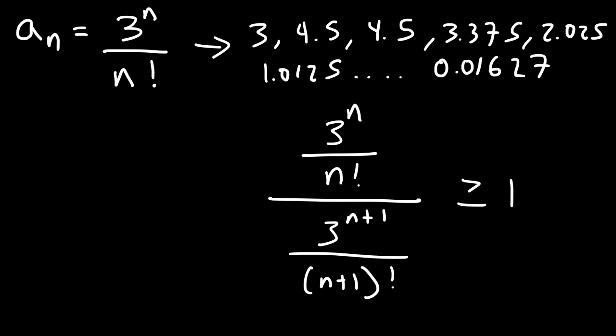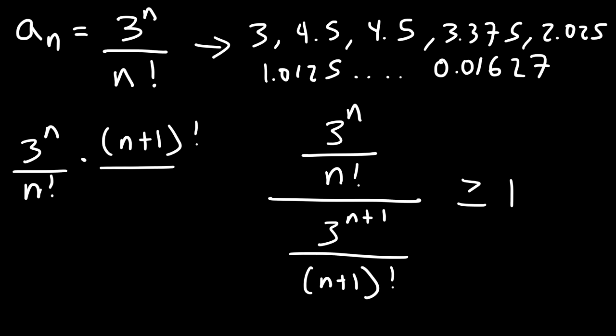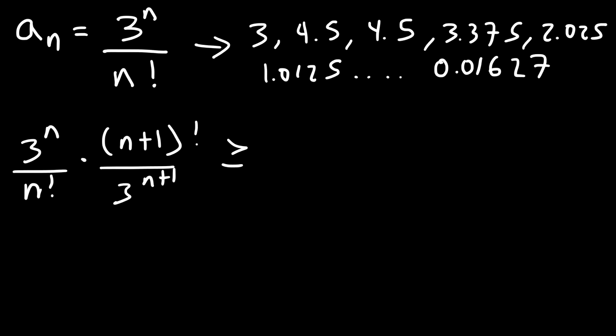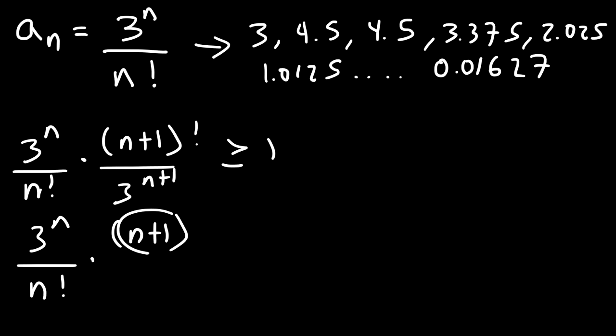So let's use the keep, change, flip principle to write it like this. Now, n plus 1 factorial, that's going to be n plus 1 times n factorial.